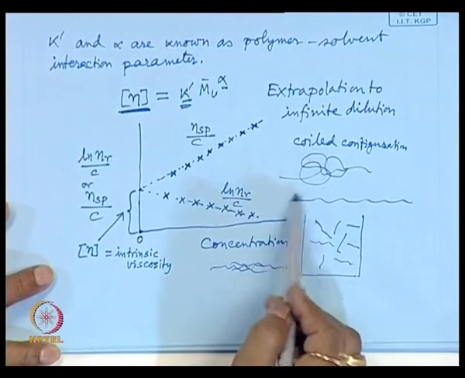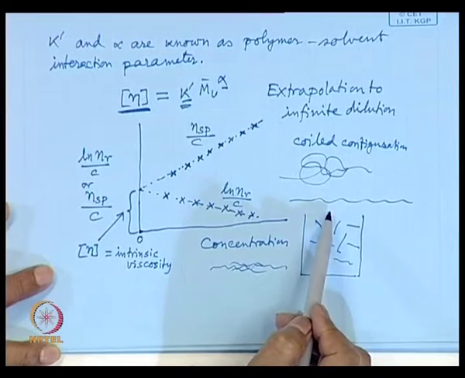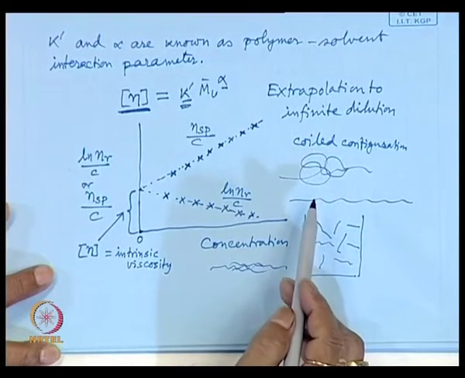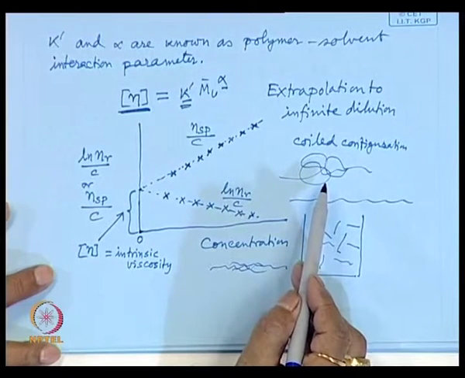If it remains in coiled configuration like this, then can we get accurate data? No, it will give you misleading results of molecular size.